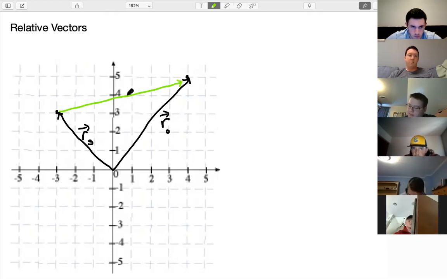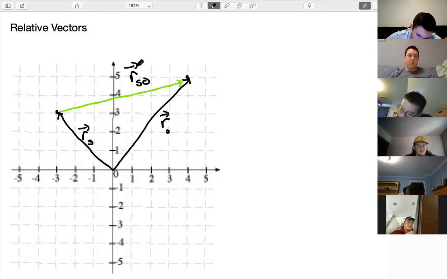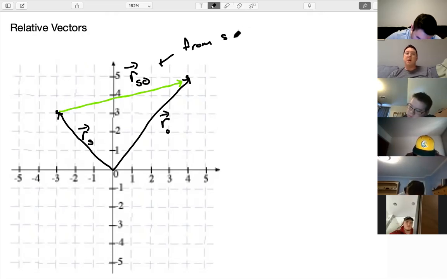It points from source to observer, and that's going to be called RSO. Physically that's from source to observer, but we don't know about source and observer yet, so just think of it as from the first label pointing to the second label.